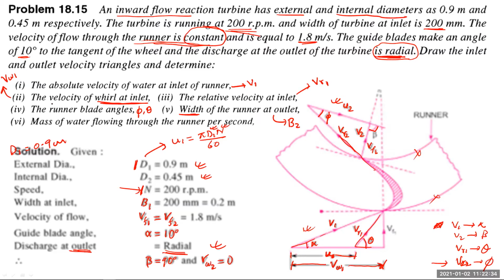Now, mass of water flowing through the runner per second, so it is asking for discharge, that is your Q. You all know the formula for discharge. Just in the previous question we have seen Q equals pi into D1 into B1 into VF1. This formula will give you your mass flow rate. Now, let's see how to solve this.